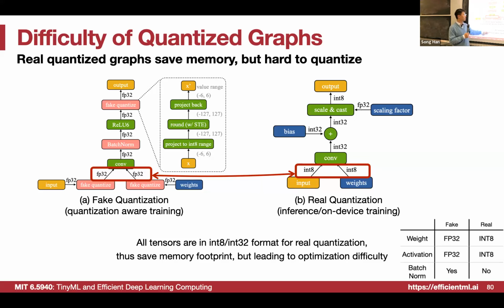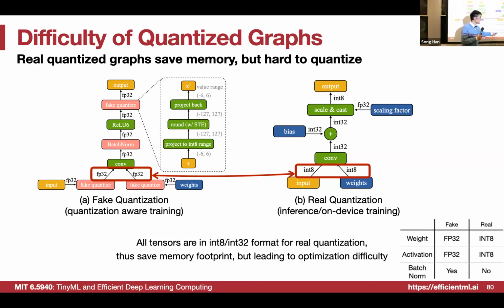Different from fake quantization during quantization-aware training, where the input and the weight are actually represented with FP32, in real quantization both the weight and input are quantized and represented in int8 for inference, and also we can use that for on-device training.